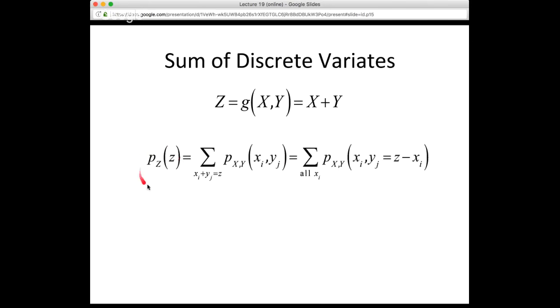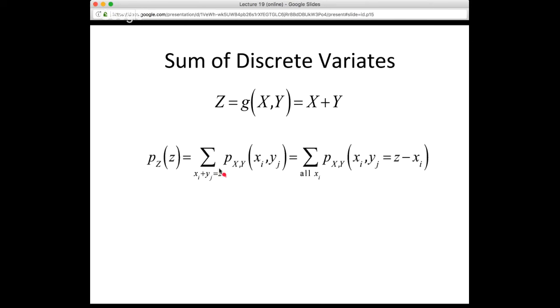We say that the probability that the random variable z is equal to a specific value of z is equal to the sum of the joint probabilities for random variables x and y being equal to xi and yj for all combinations of xi and yj that sum to z.